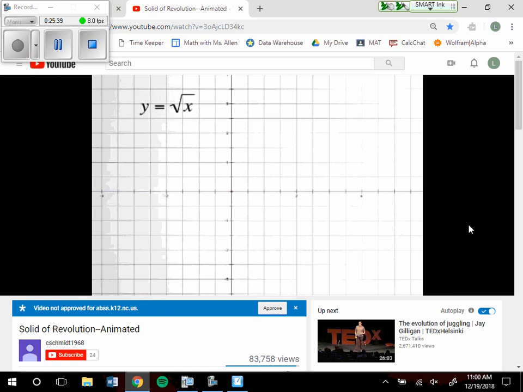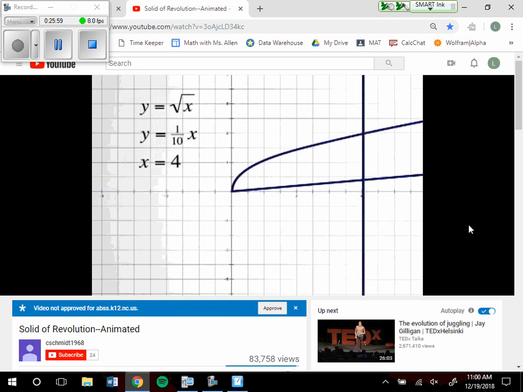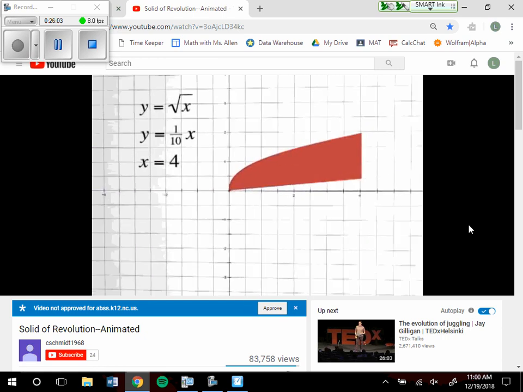If we take, this is my favorite animation, square root of x and some line, and rotate that around the x-axis.